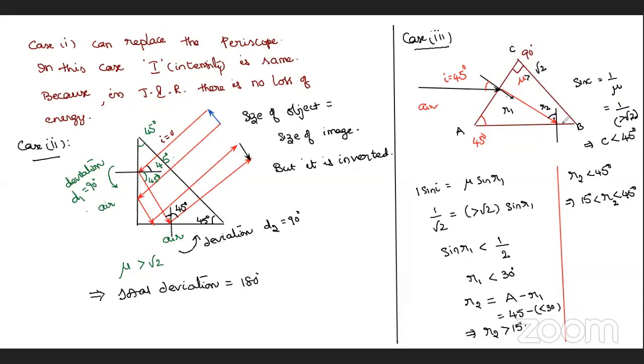Then immediately I can say here it will take total internal reflection. Okay, and here it will take total internal reflection.